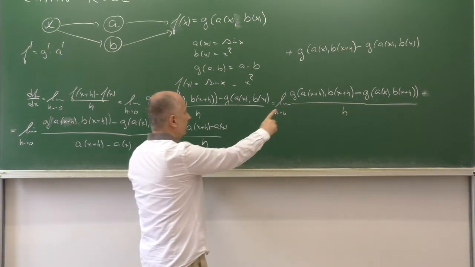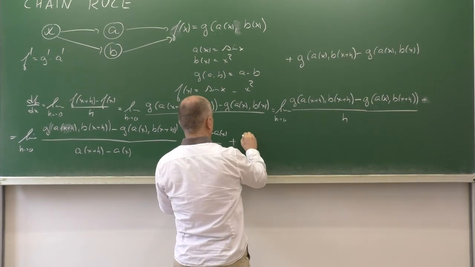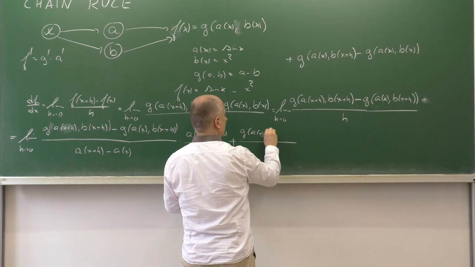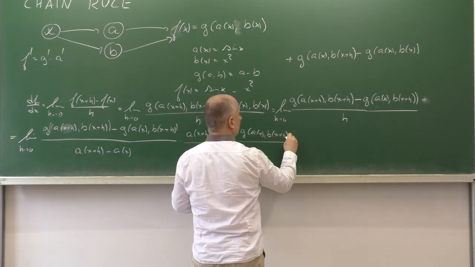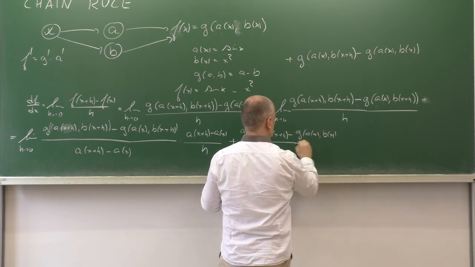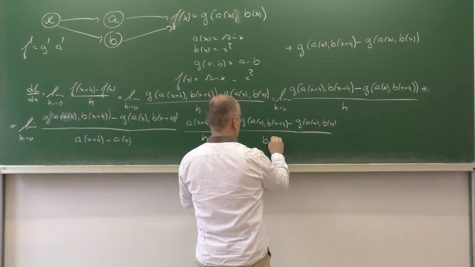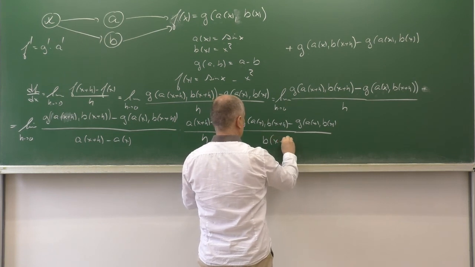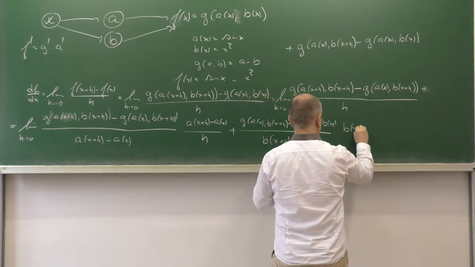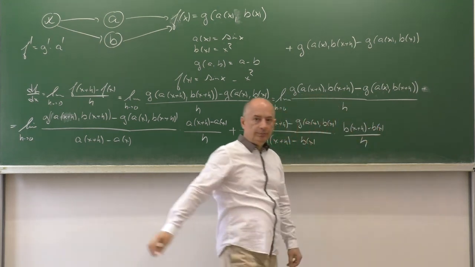And I do a similar operation with the remaining terms. So that will be g at a(x), b(x plus h) minus g at a(x) alone, b(x) alone. And now I divide and multiply by b(x plus h) minus b(x), times b(x plus h) minus b(x) divided by h.